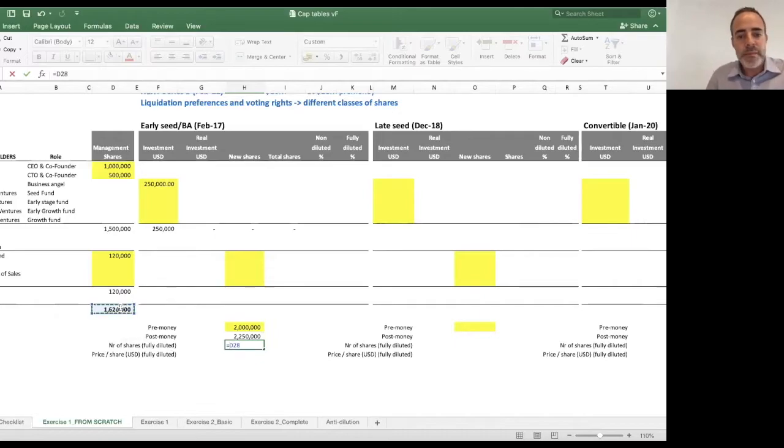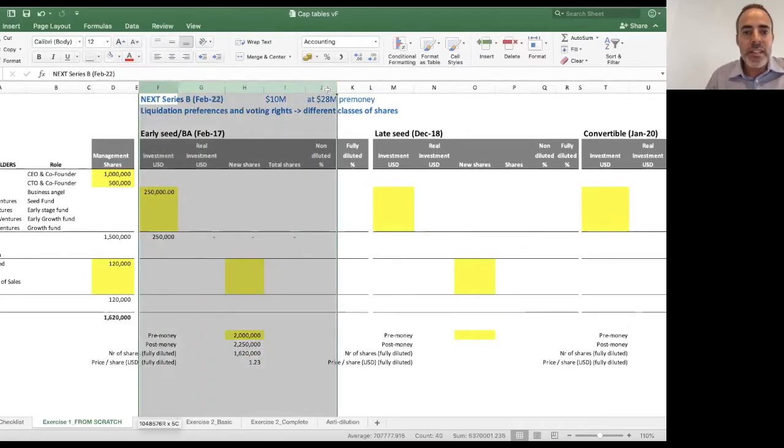So now the price per share fully diluted will be the pre-money divided by this. Why do I take the pre-money? Because I'm dividing by the number of shares before the money comes in, okay? I take 2 million divided by this, and this is the share price of this transaction.